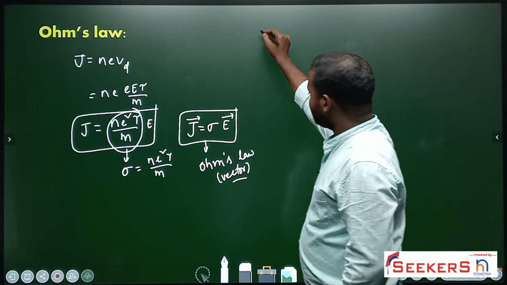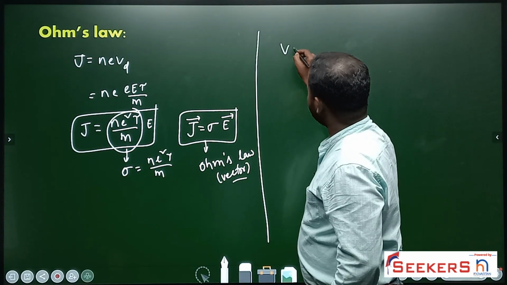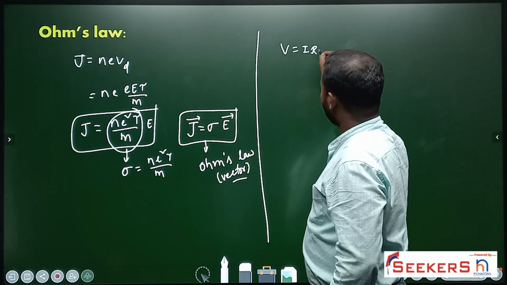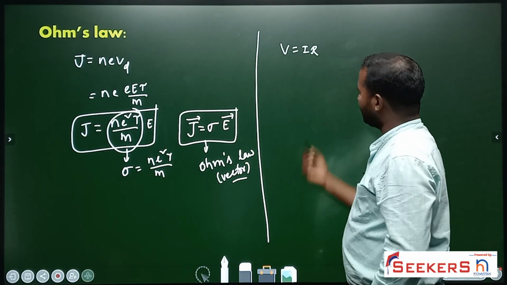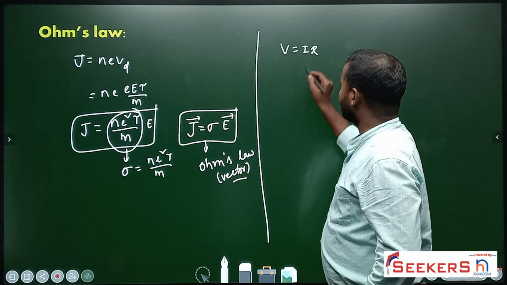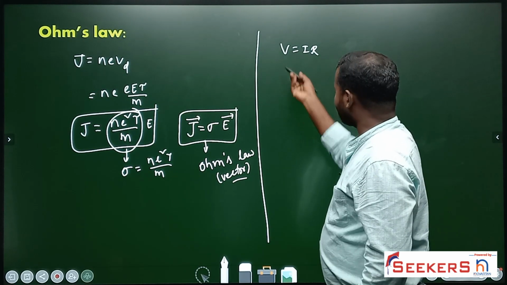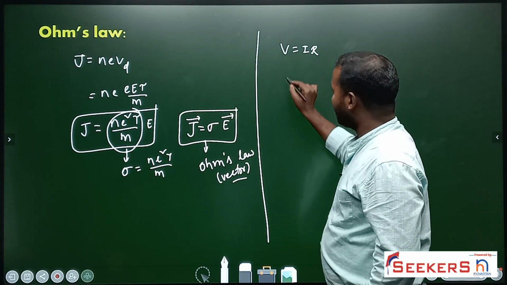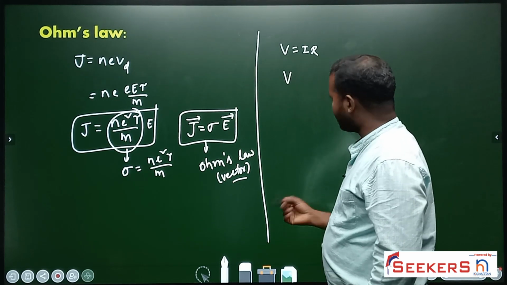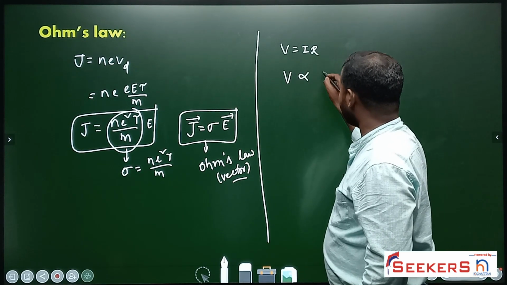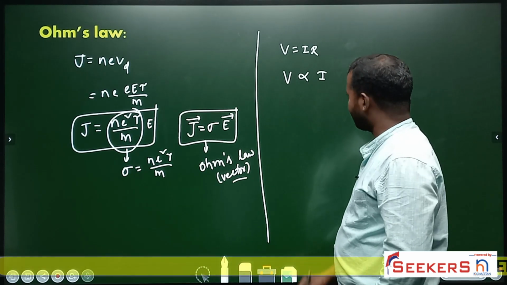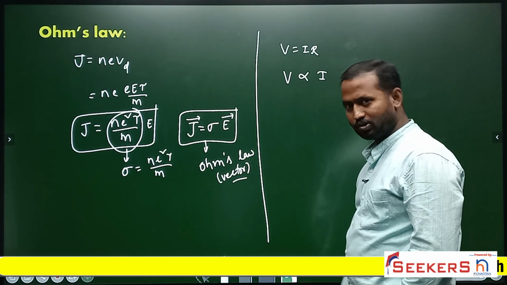Clear? Now we already know that V is equal to IR. Of course, we can derive it from this, but let's not waste our time on that. But anyway, what is V here? Essentially, inside a conductor, the more potential difference you create, the more current you get in the conductor. So V is directly proportional to current.